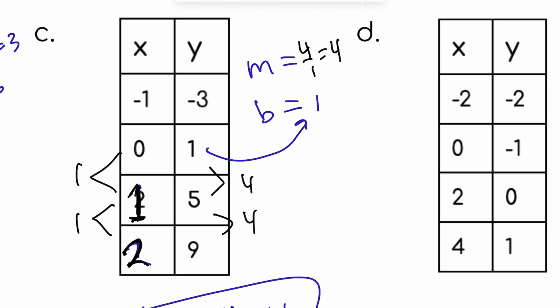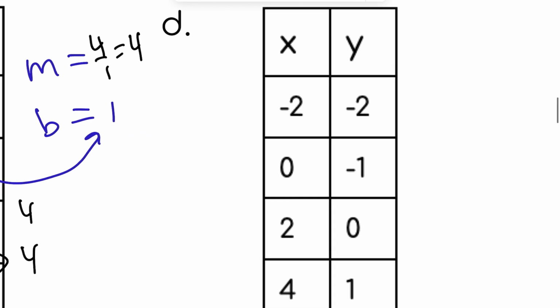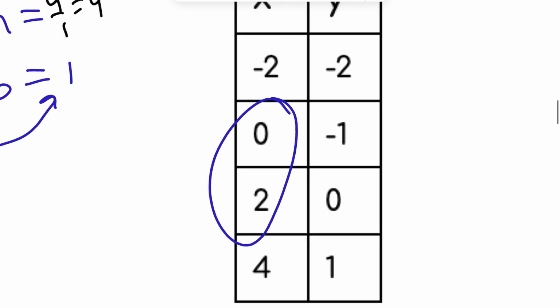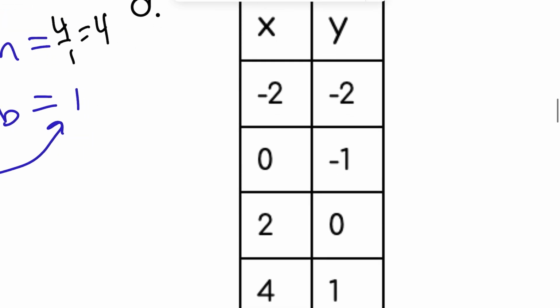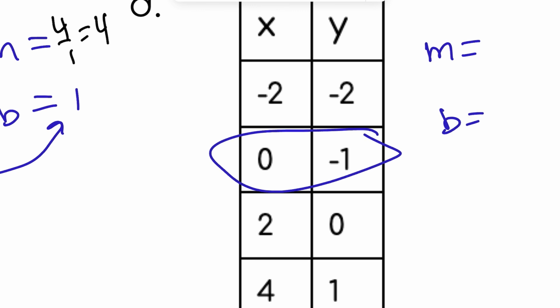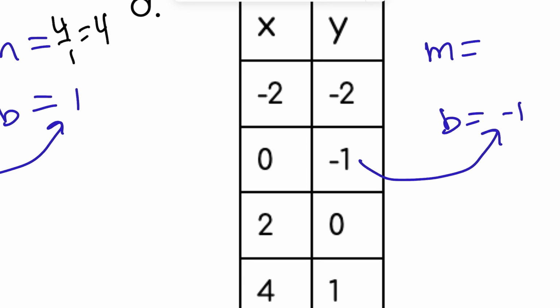Now don't get lulled to sleep because this one over here is a little bit trickier. Notice that this side is going up by 2. So we have to be really careful when we do our slope on this one. So slope, y-intercept. So the b, again, is where x equals 0. So that number goes right there, negative 1.